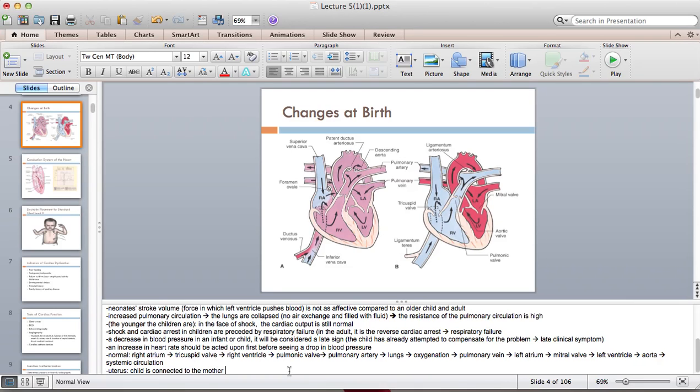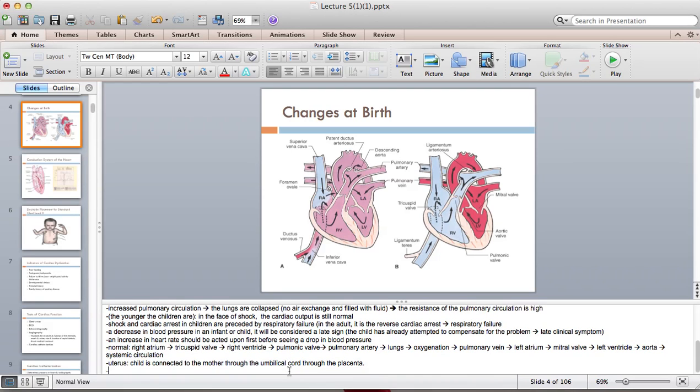Because you did that in OB. That the umbilical cord has two arteries. Does the umbilical artery have deoxygenated or oxygenated blood? Hmm? It's both.